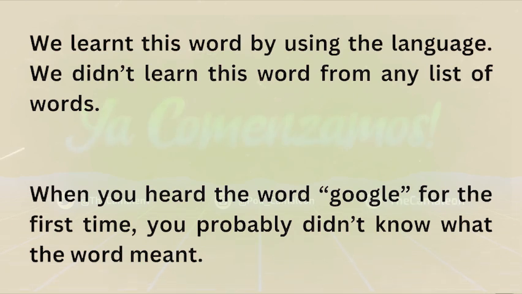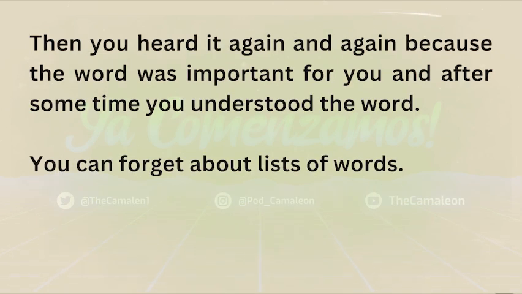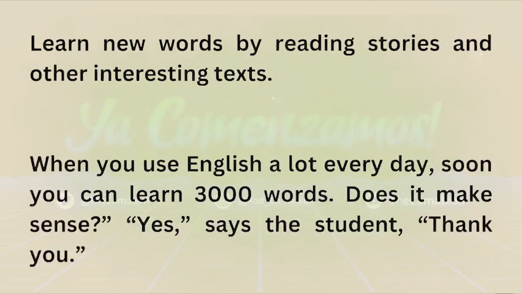We didn't learn this word from any list of words. When you heard the word Google for the first time, you probably didn't know what the word meant. Then you heard it again and again because the word was important for you, and after some time you understood the word. You can forget about lists of words. Learn new words by reading stories and other interesting texts.